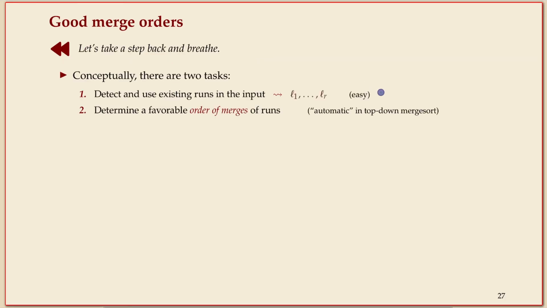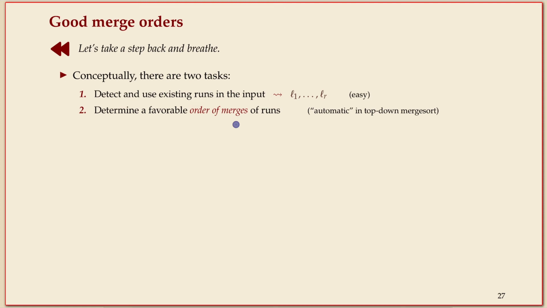So what I thought at this point is, let's go a step back and see what we really want. We liked the idea of picking up existing runs because that's, after all, what we're trying to do, exploit the sortedness that is there. So we have to somehow find that and not just randomly stumble over it as the top-down method does. But then these runs that we do find can have vastly different lengths, and so it would be stupid to ignore that.